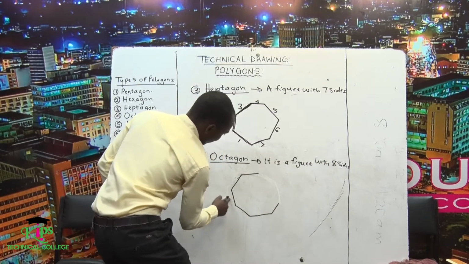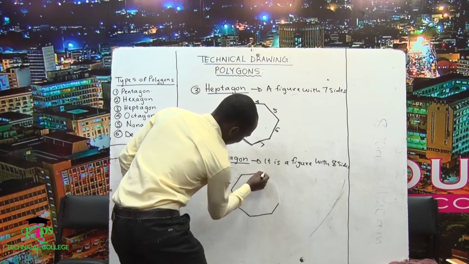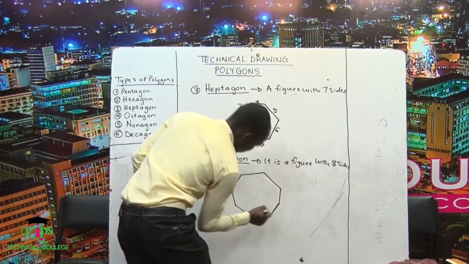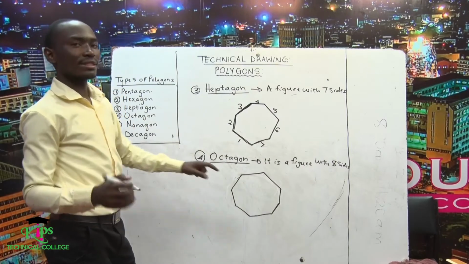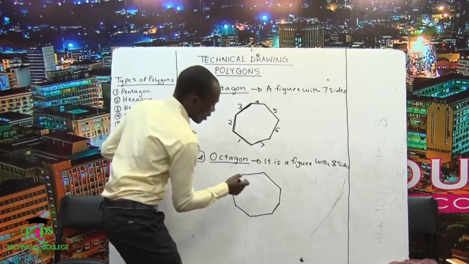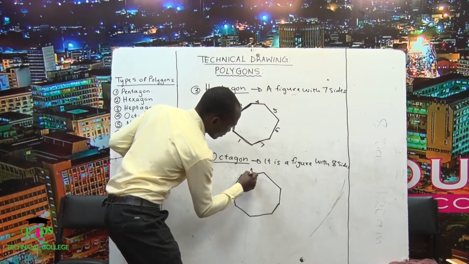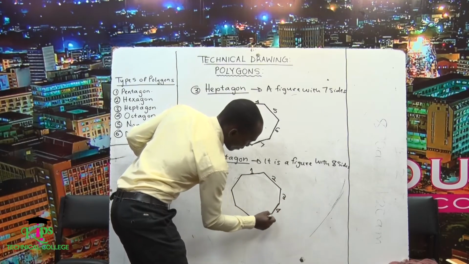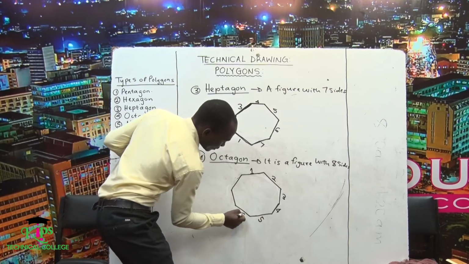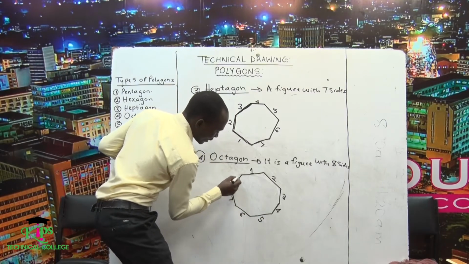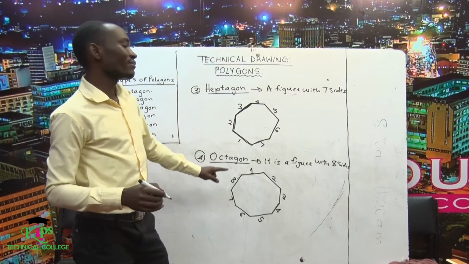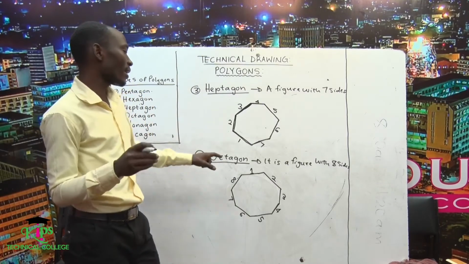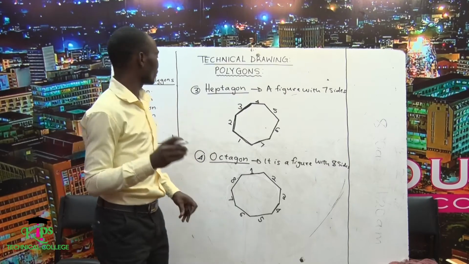So this one has got 8 sides. So we have this side, number 1, 2, 3, 4, 5, 6, 7, 8. So this figure has got 8 sides. We call that one an octagon.